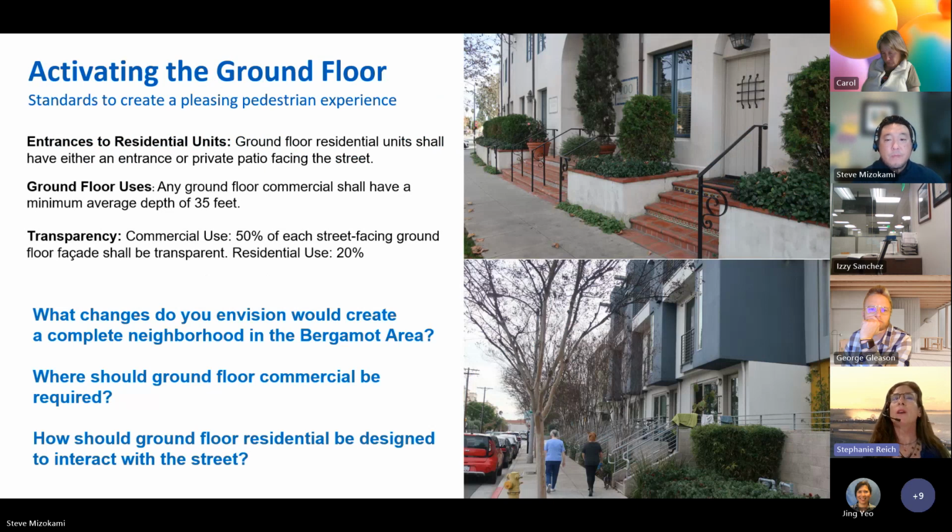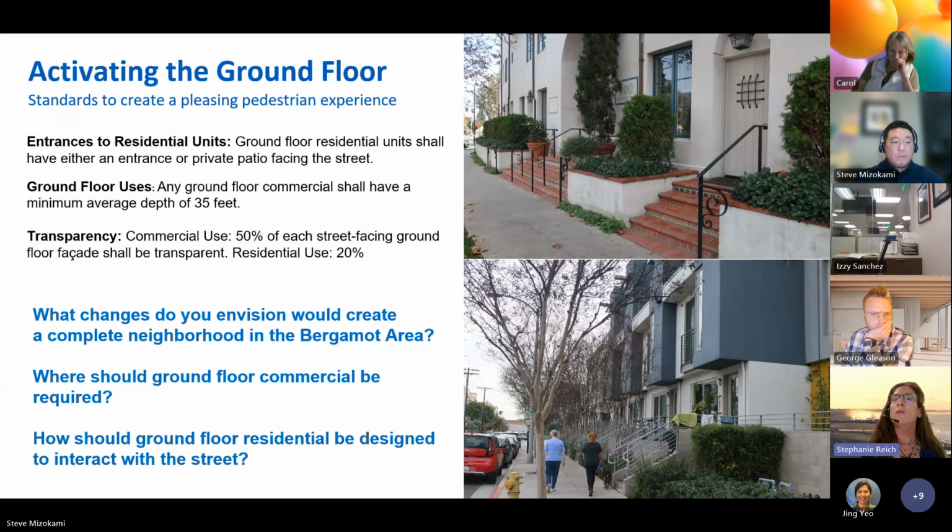So, in activating the ground floor, there are a lot of tried and true principles. One of the things that is relatively new, that came in with the housing element, is the allowance for residential units to be on the ground floor on any street.